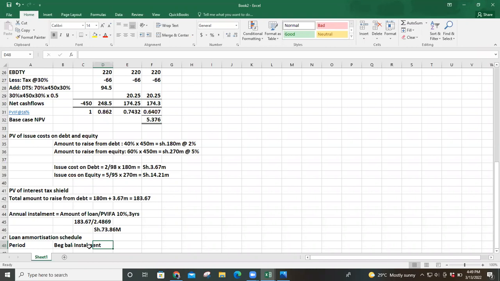Partially, we are paying the interest, and partially, we are paying the principal. And of course, we have the end balance.